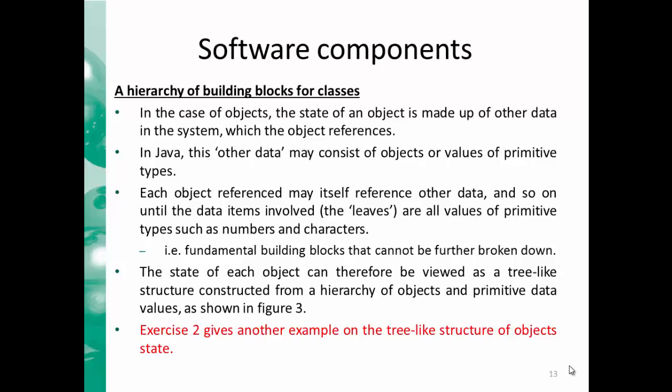So the state of each object can therefore be viewed as a tree-like structure of either objects or primitive data types. Please have a look at exercise 2, which gives you another example of the tree-like structure of an object's state.